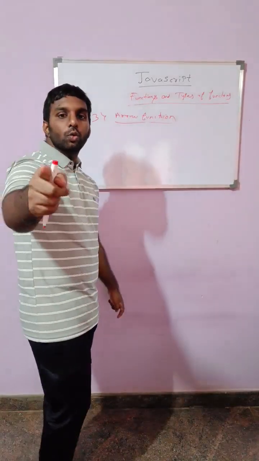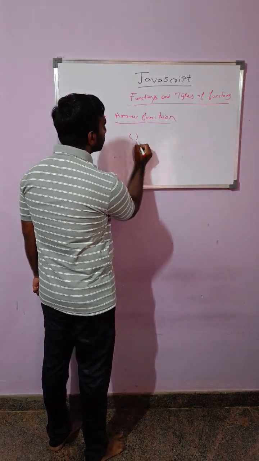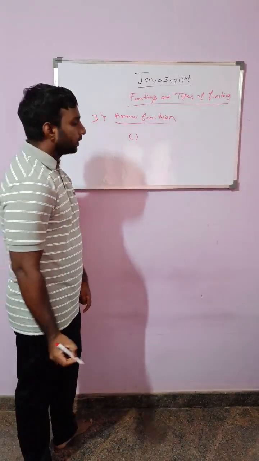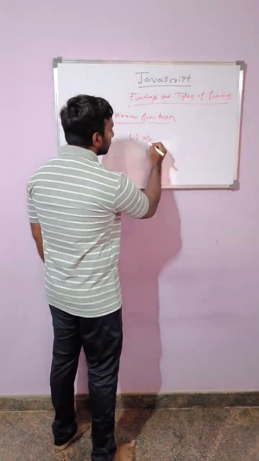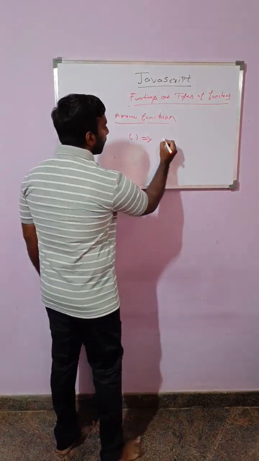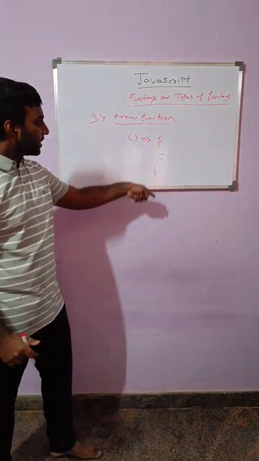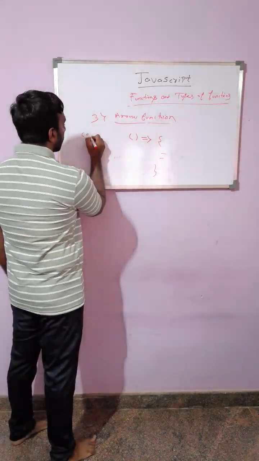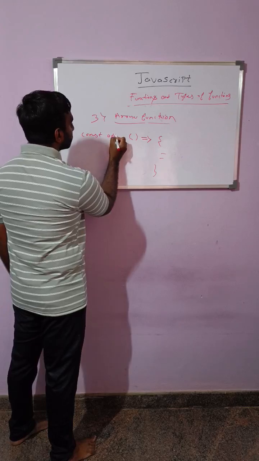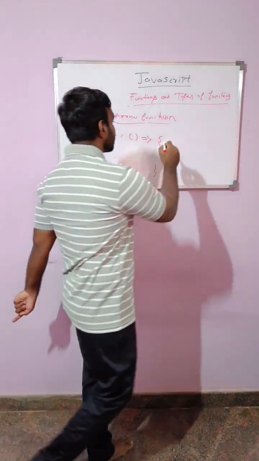In an arrow function, first you give curly braces, then an equal to symbol, and then a greater than symbol, and you perform whatever the task is. So this is the same as that add function, right? Const add. This is what an arrow function looks like.